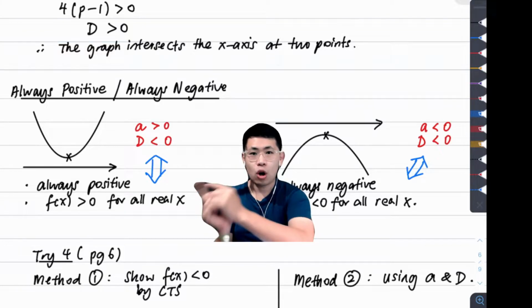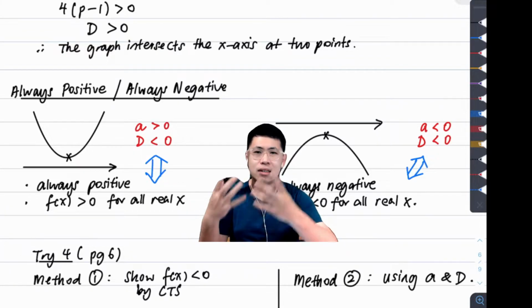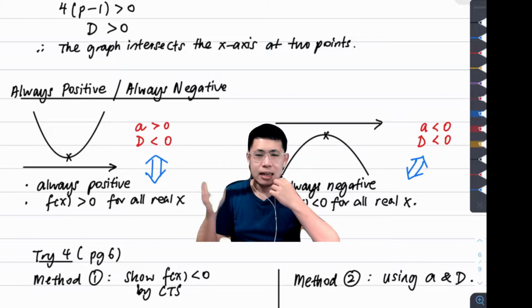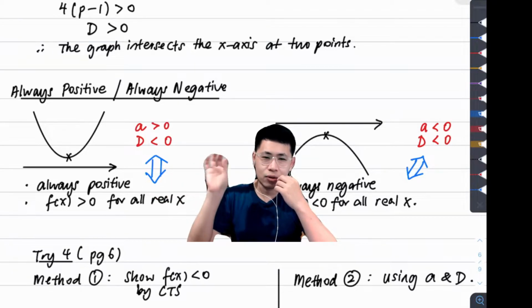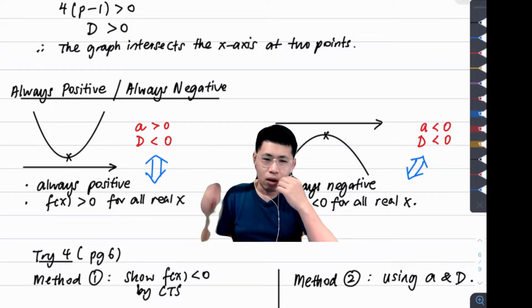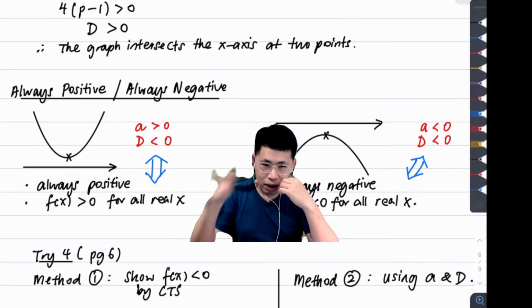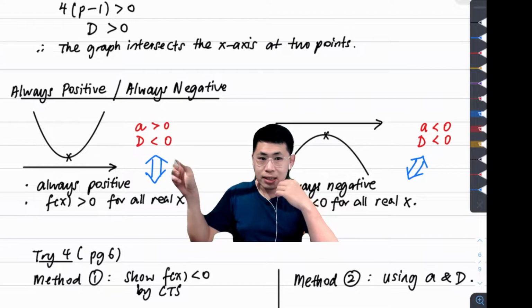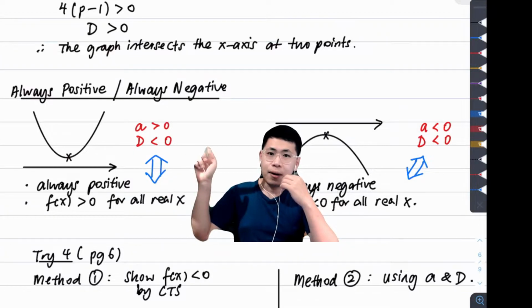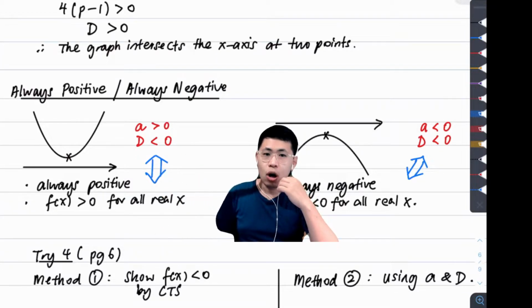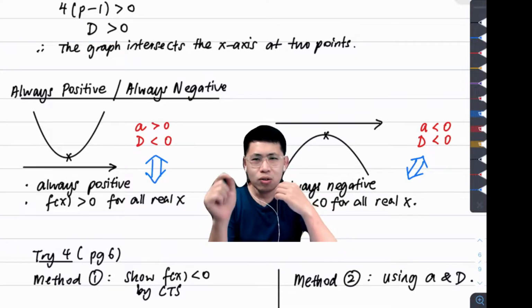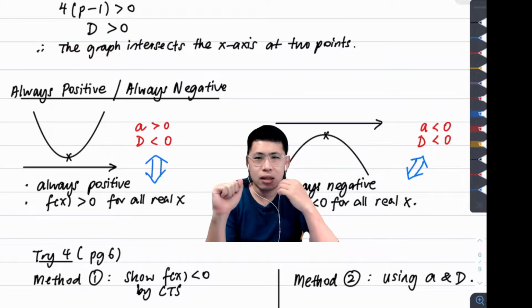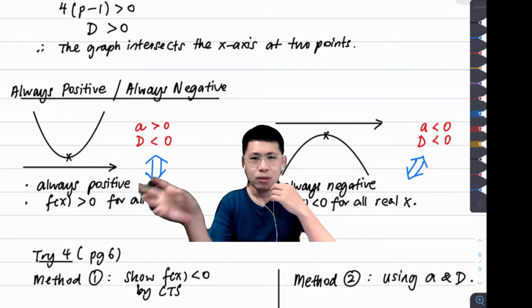The graph is always positive, or another way they will say that is the function f(x) is going to be more than 0 for all real values of x. So whatever input you have, your function is greater than 0. As you can see the graph over there, the graph will be a floating graph, and it is always positive. So we want to recall what properties will allow this to happen.